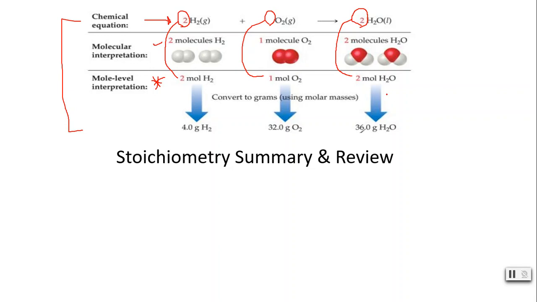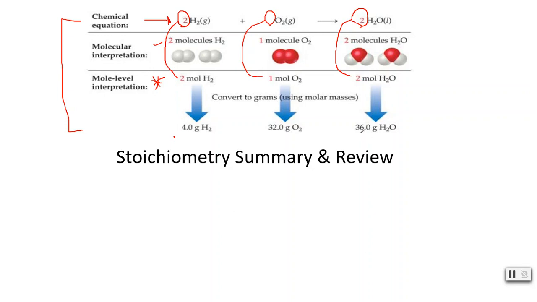Okay? So coefficients from a balanced chemical equation. That's where number and type of atom on the left equals number and type of atom on the right. Coefficients from a balanced chemical equation relate moles of reactant and moles of product. That's the first point.